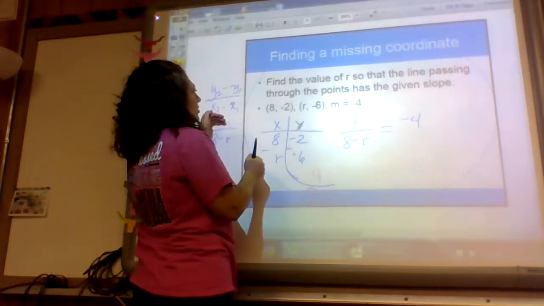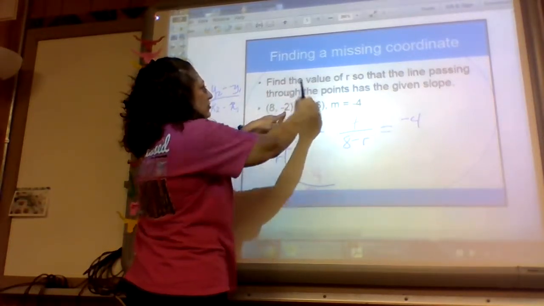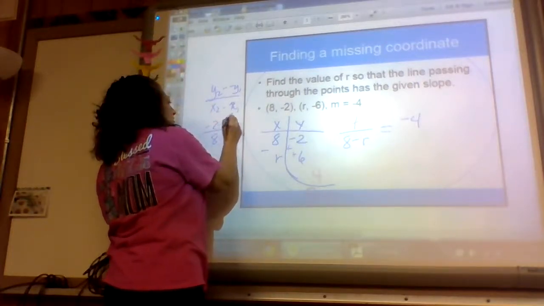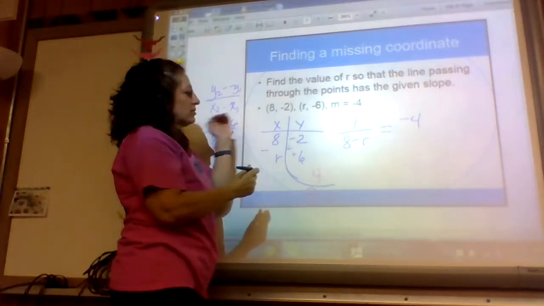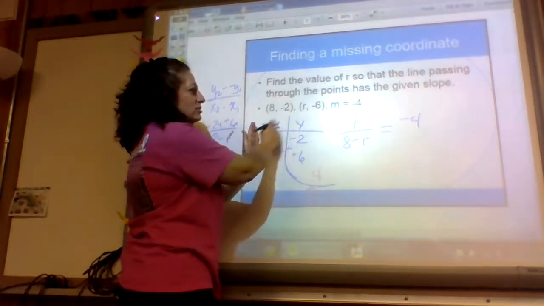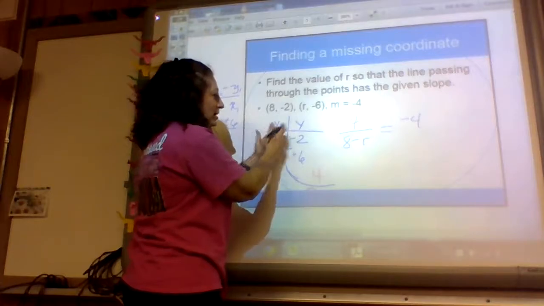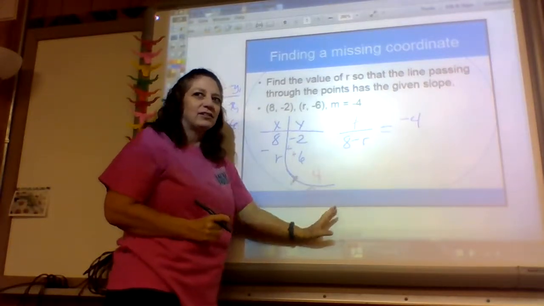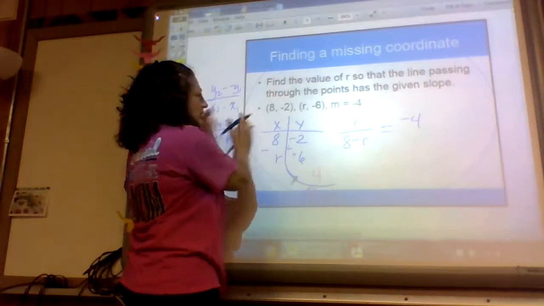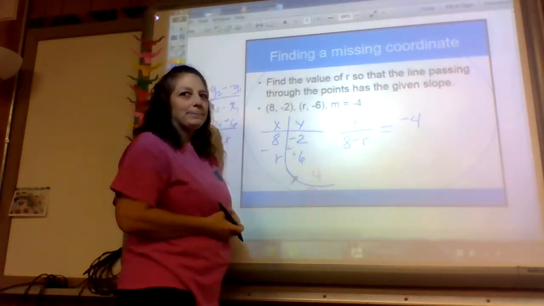And then my other part of my equation, my y's, would be -2 minus -6. I have the same answer here that I get from this. I just like to use my table, so I'm always seeing my xy coordinate points and then subtracting down around the little tail. Okay, so it's the equation, but it's in this format.